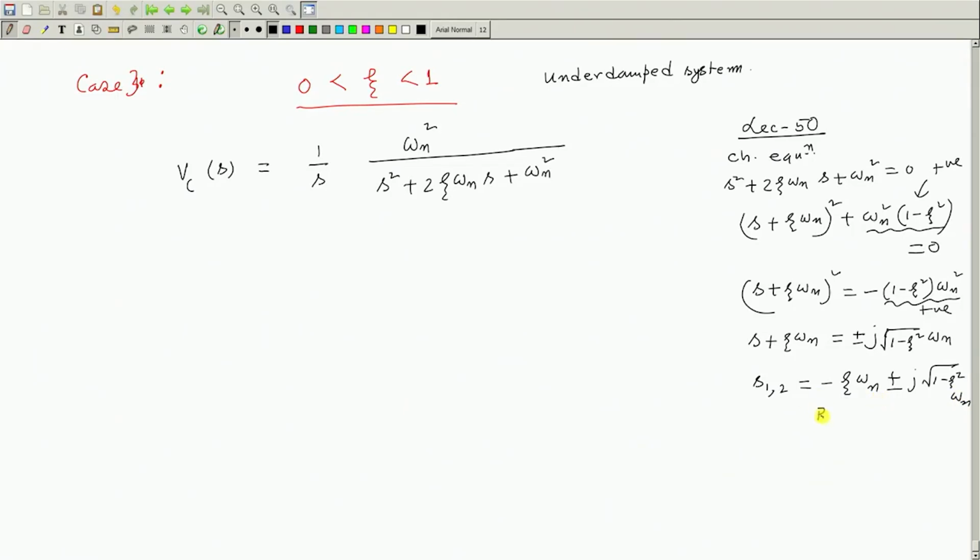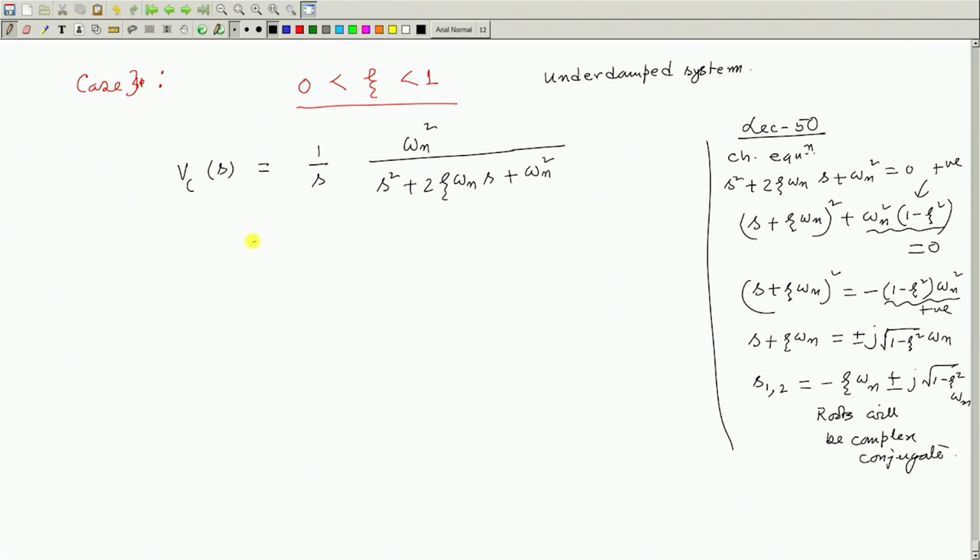So, the system roots will be complex conjugate. Anyway, this is behind the scene, you try to understand.